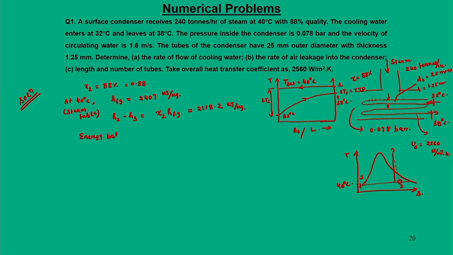for cooling water and condensed steam. That is, mass of the steam m dot s times the condenser load, H2 minus H3, that is the total condenser load, and that is taken by the mass of the cooling water into CPW, Tc2 minus Tc1.